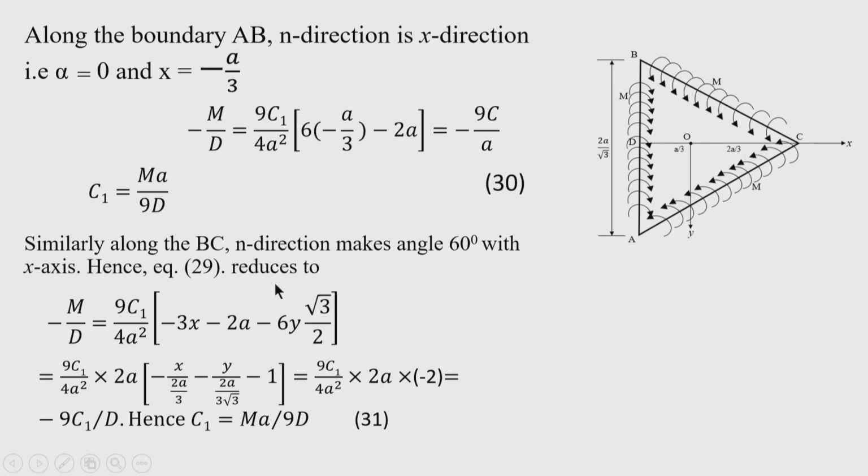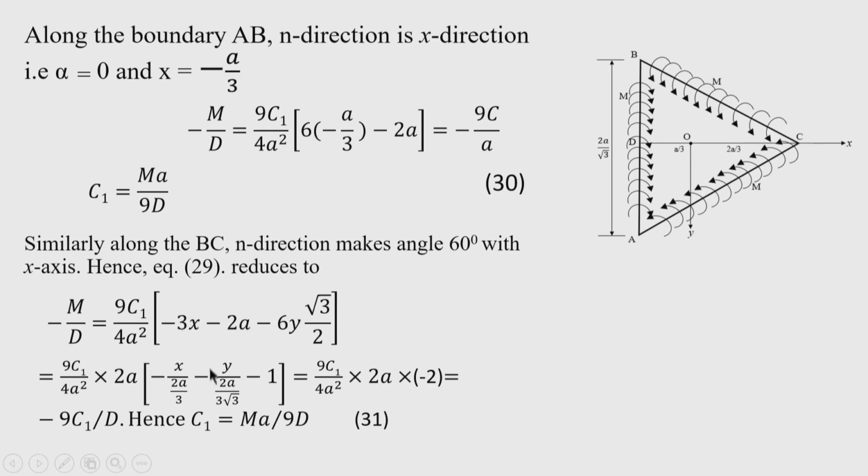Now, taking the derivative of that function with respect to n, and putting alpha and x properly for that line, say for BC, we get this expression, which can be rearranged taking 2a as common.